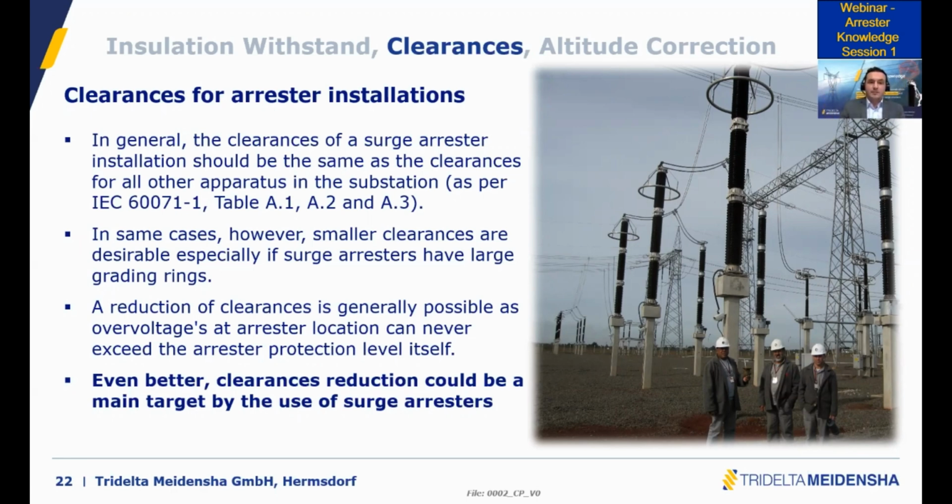And of course, if you have a closer look at the surge arresters, considering the residual voltage, it's possible to consider a reduction of the clearances. But we can even go lower, and this is actually what I would like to highlight today. You can use this unique feature of surge arresters, because they have this self-protecting nature, to decide on purpose to make your system more compact by reducing clearances.